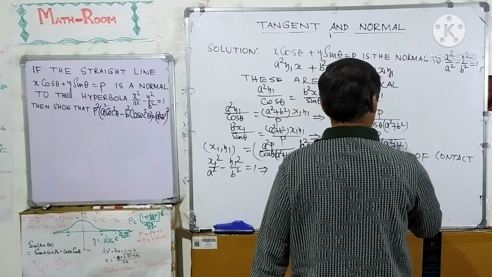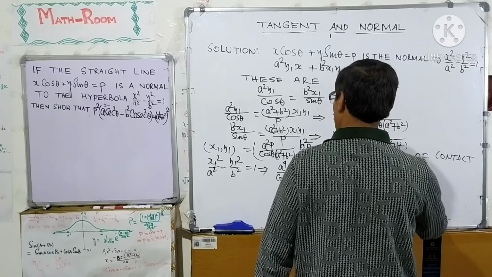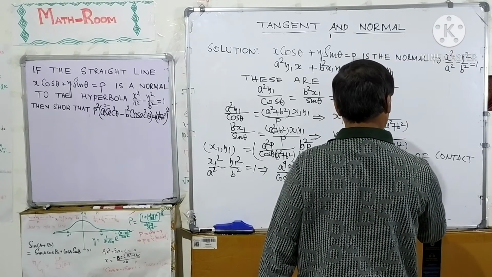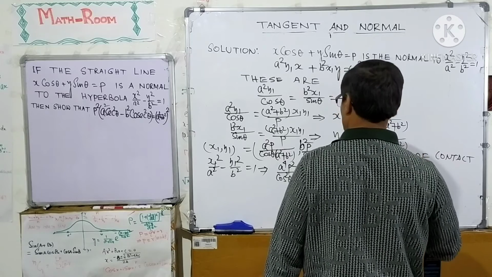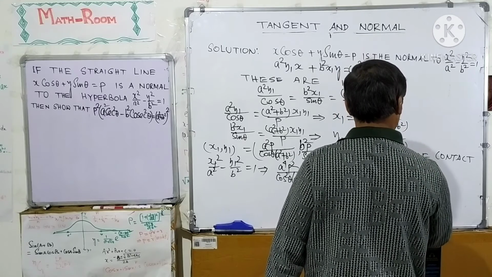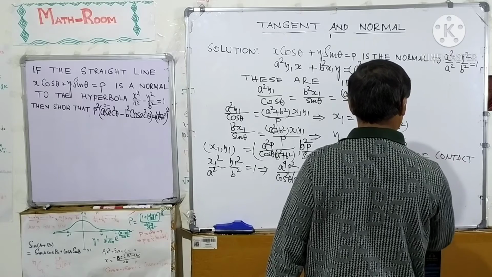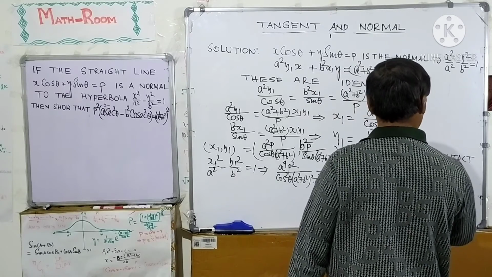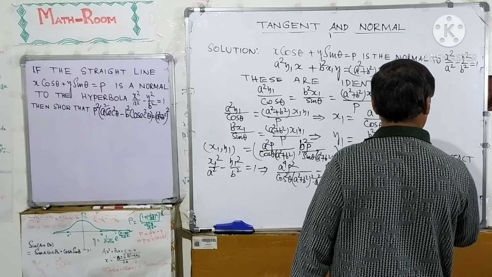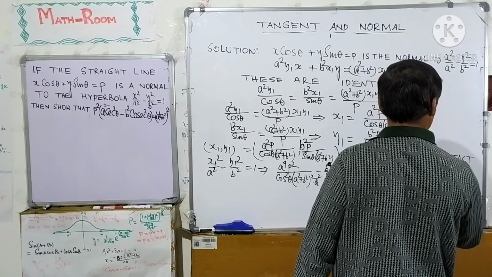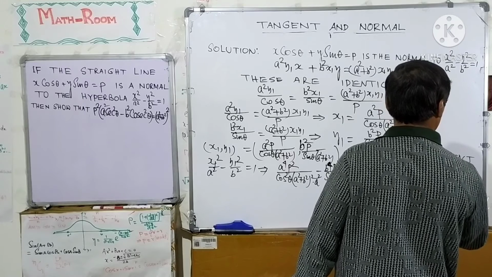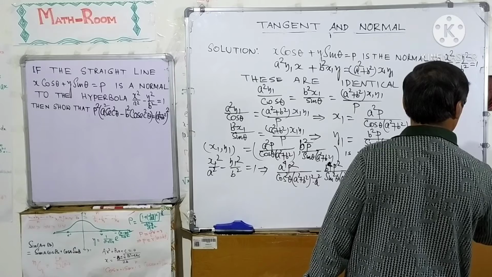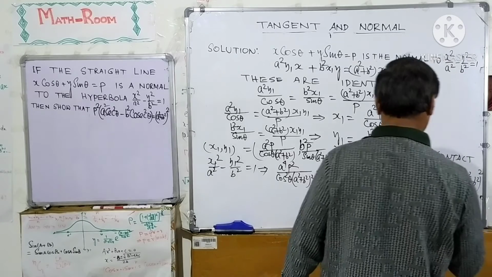So, I can write a square sec square theta p square minus p square b square cosec square theta equal to a square plus b square whole to the power 2.